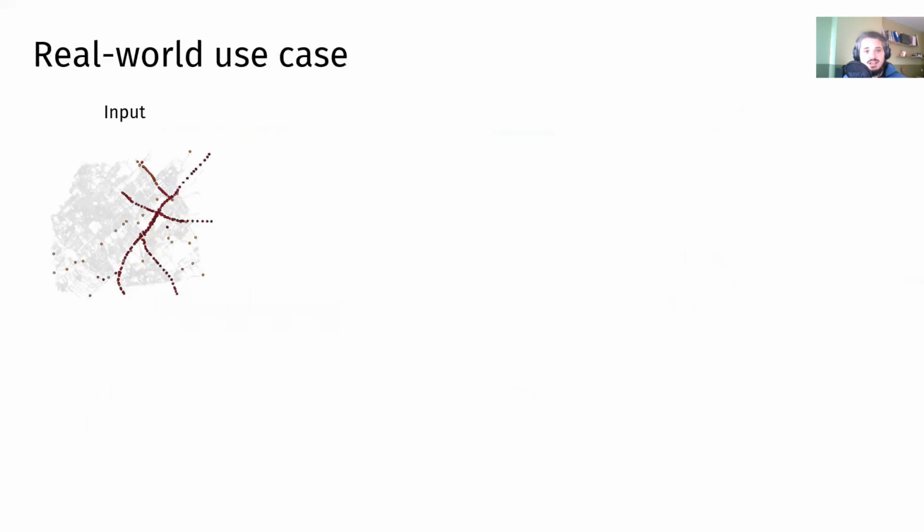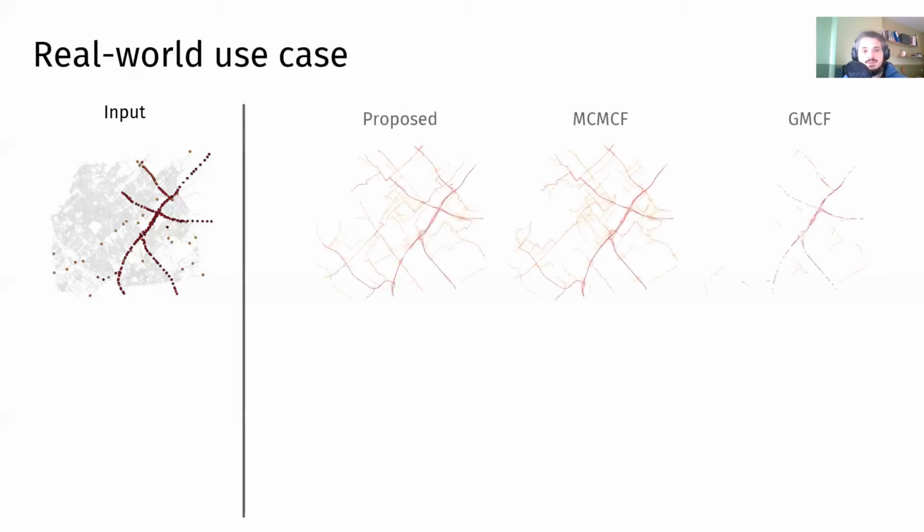So then, looking at the real-world use case. We have this road network, and these dots represent our loop detectors or checkpoint data, and the redness shows how much traffic went through them.